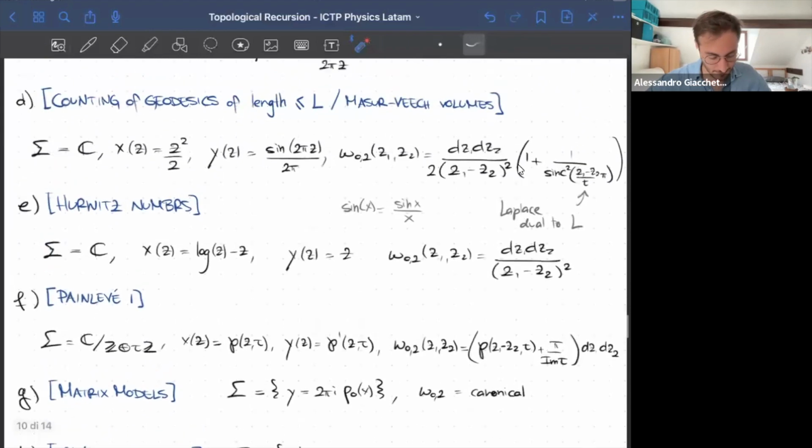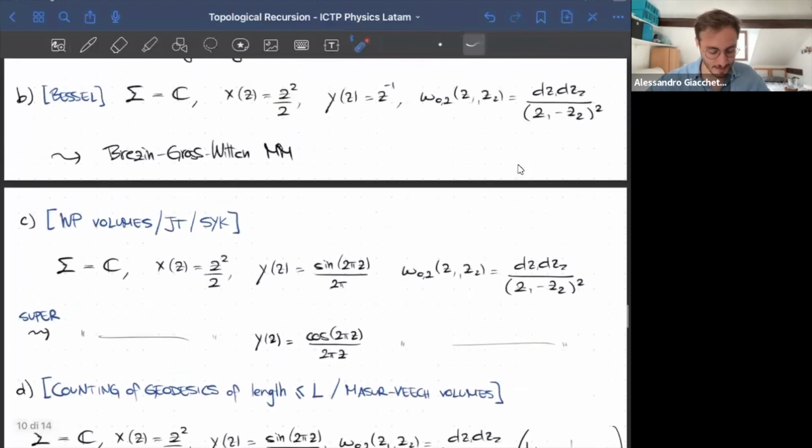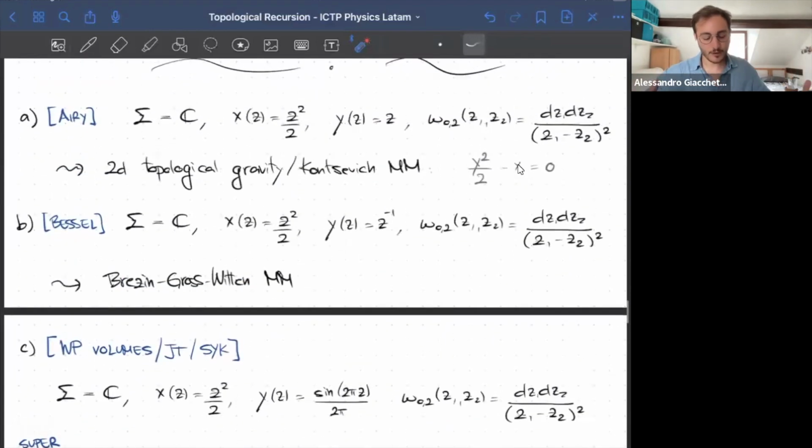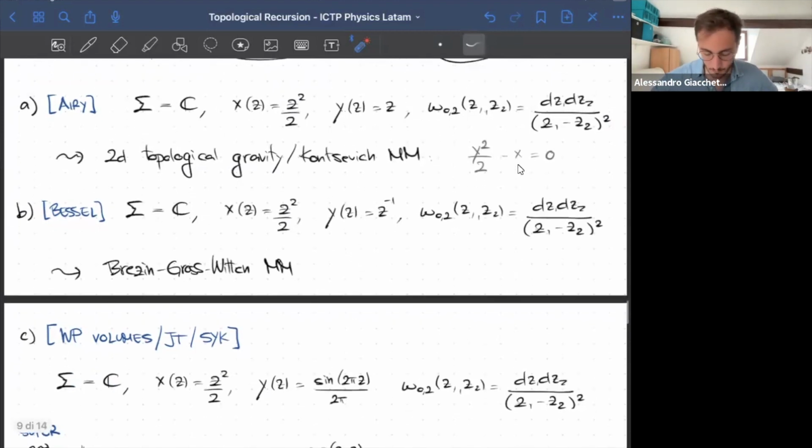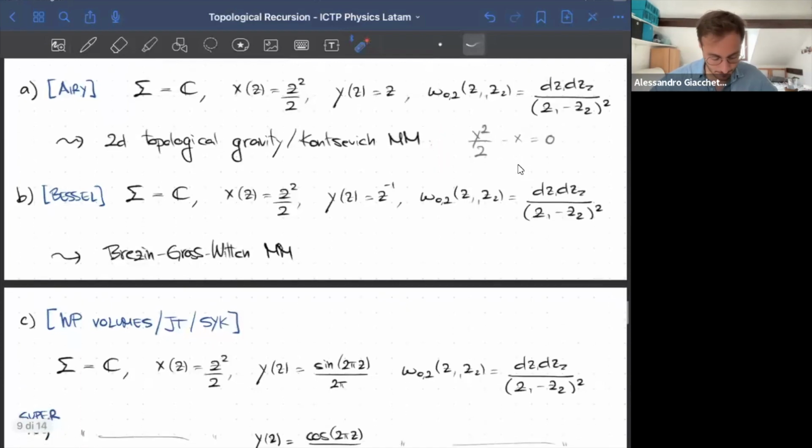So the point is that there are many examples where you're trying to compute some interesting physical or geometric objects, and you can explicitly construct a spectral curve underlying that problem, and then topological recursion recursively computes all these invariants related to that specific problem.